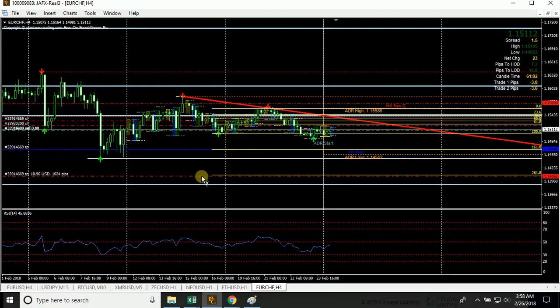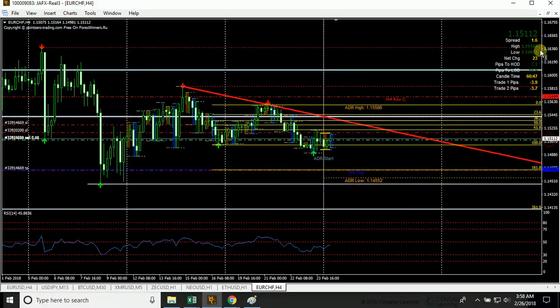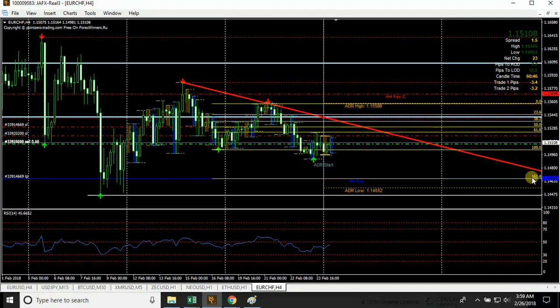But to technically analyze your take profits with accuracy and strategically, you would want to hit one of your Fibonacci points. And if you look here, this Fibonacci at the 161.8 falls in line with what the automatic indicator calculation got as the perceived low of the day.